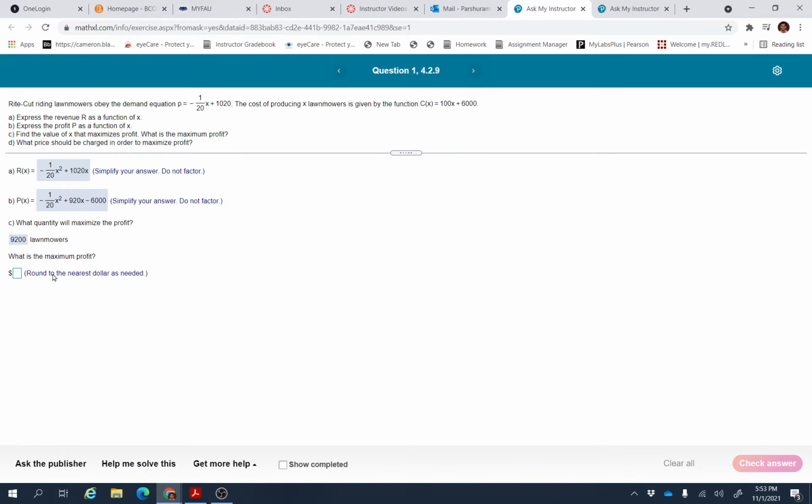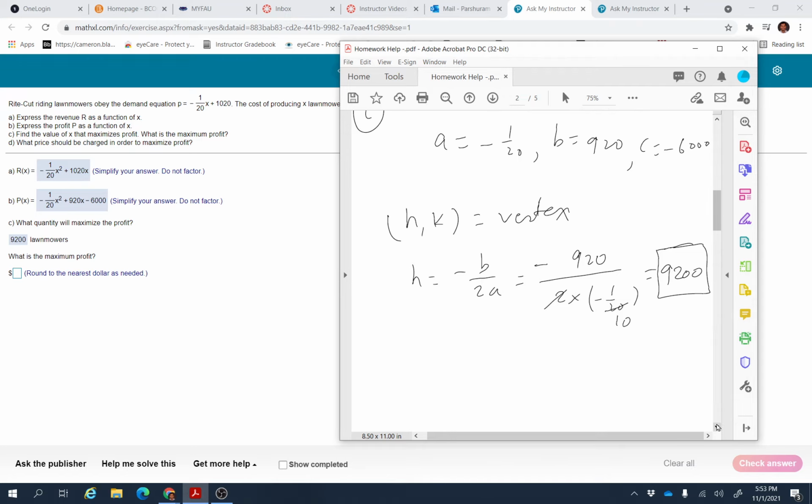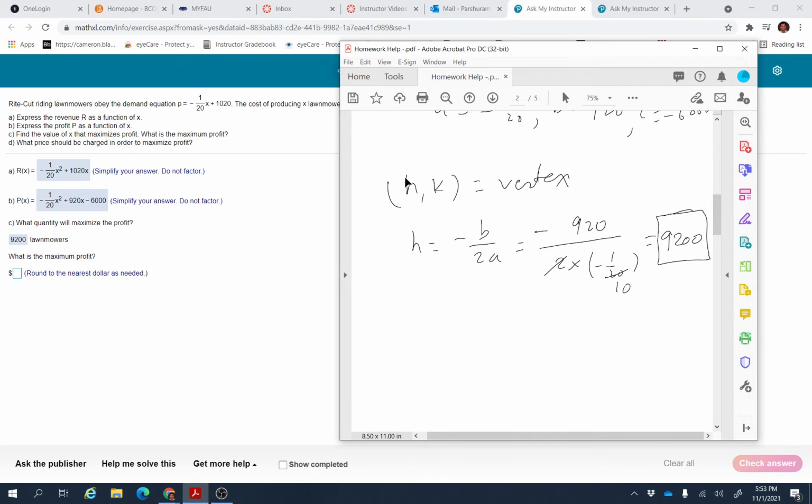Excellent. And what is the maximum profit then? That comes from the value of k. That is the maximum profit, because the x coordinate of the vertex gives you how many you need to sell to have the maximum profit, and the y coordinate of the vertex gives you the maximum profit. And how do you find that?